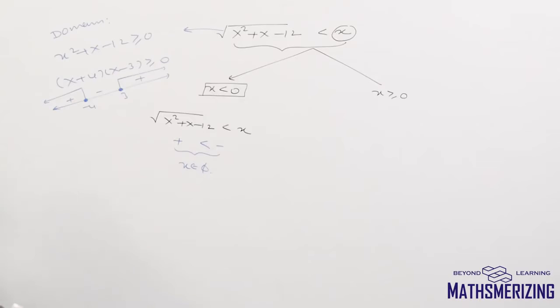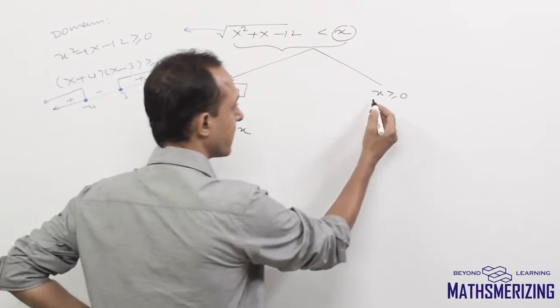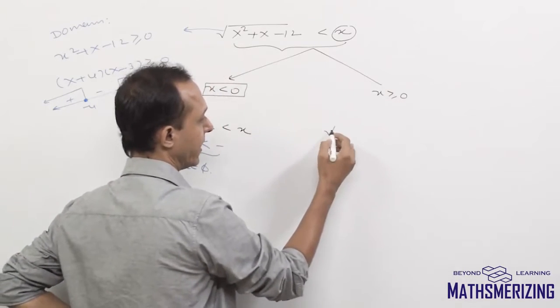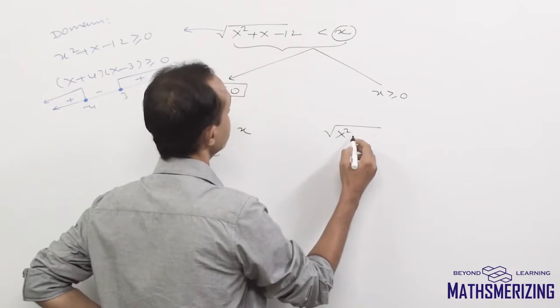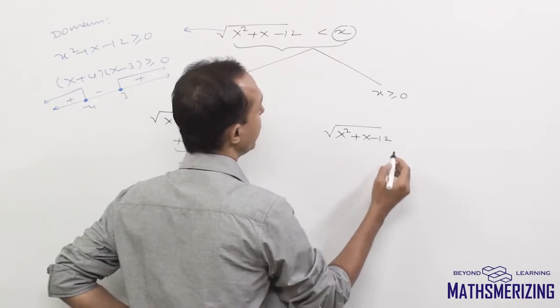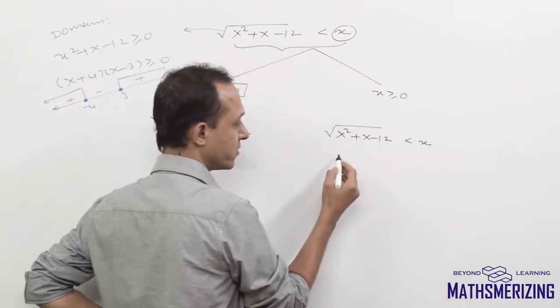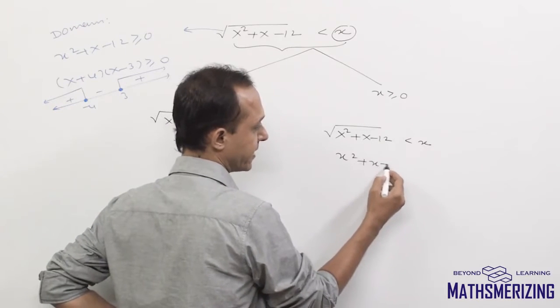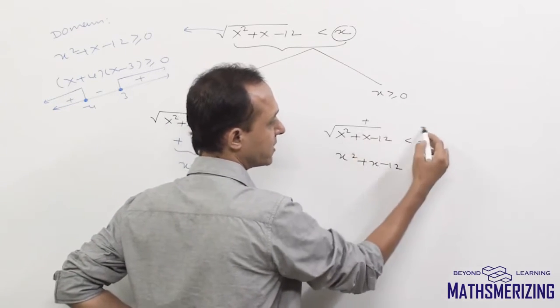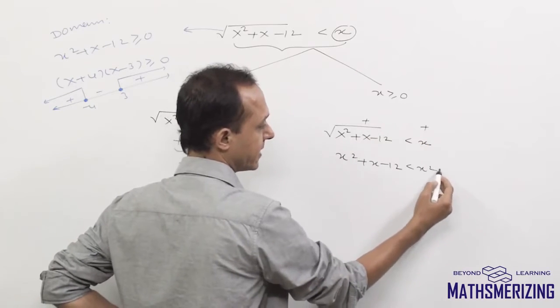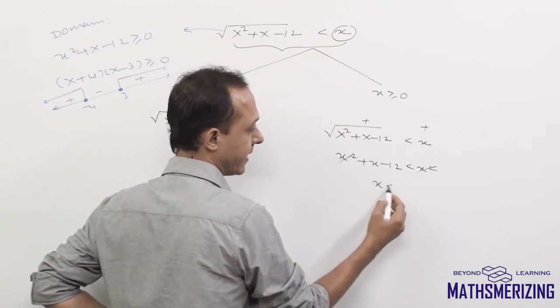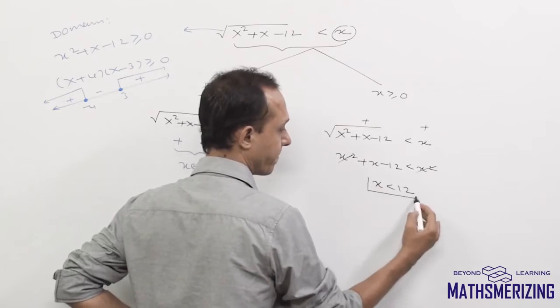Now what about case number 2? When x is greater than or equal to 0, I get under root of x square plus x minus 12 is less than x. So I'll simply square both sides; since both of them are positive, I can square it. x square plus x minus 12 is less than x square. So I get x is less than 12.